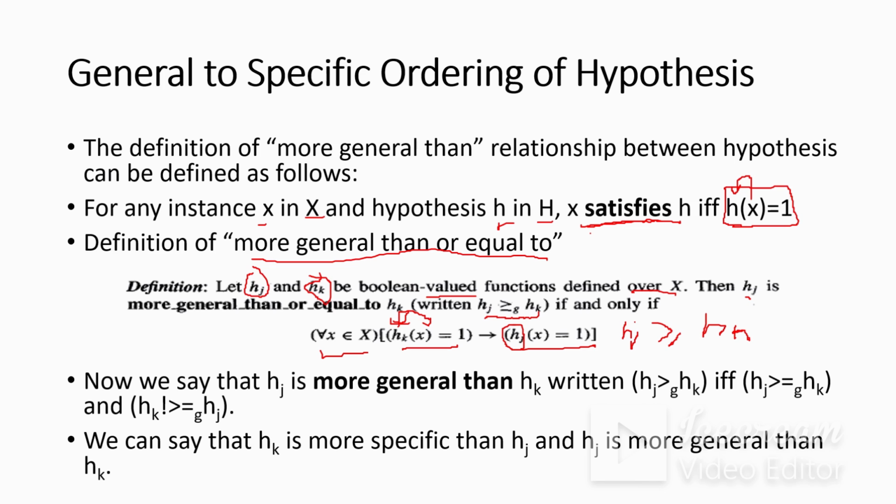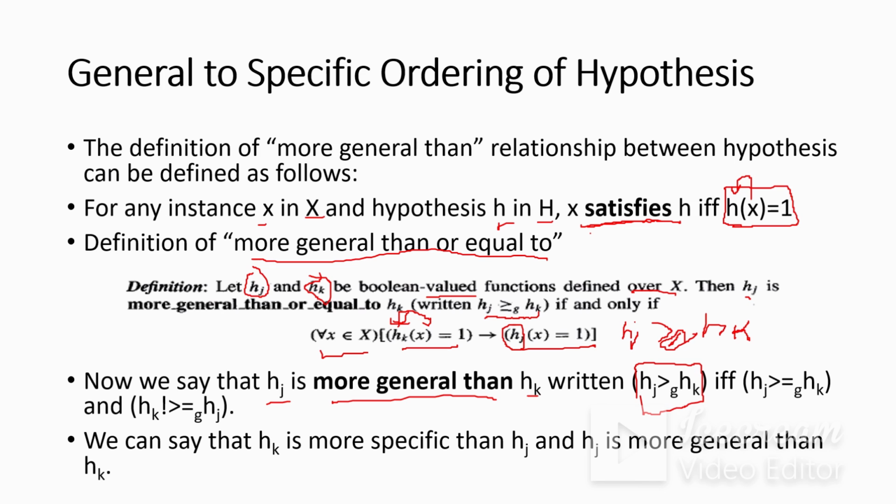With these two prerequisite relations defined, now we can define the more general than relationship. We say that Hj is more general than Hk, written as Hj more general than Hk. Here, if you observe, we don't have the equal to.